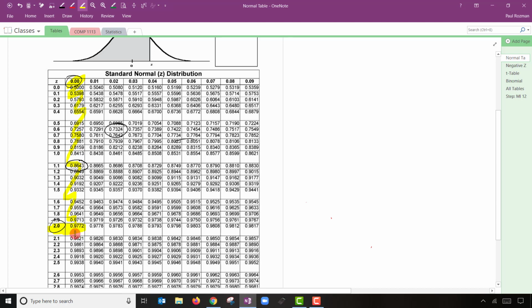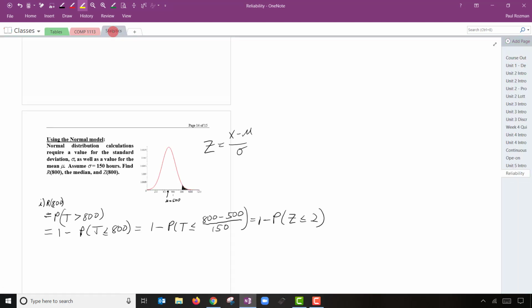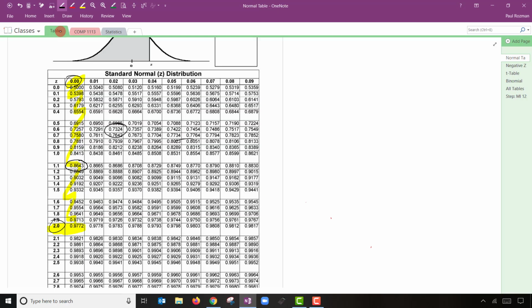So our probability is 99.72%. 1 minus that. So we get 0.0028. Actually, I feel like I got that number wrong. 9772.